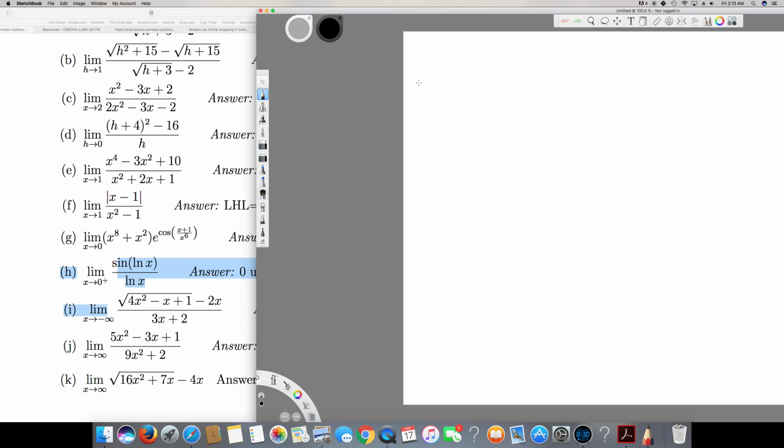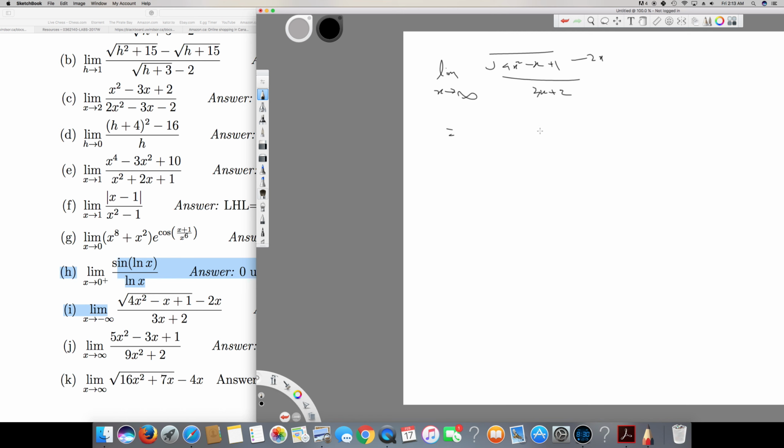And the next question is asking for the limit as x approaches negative infinity of the square root of 4x squared minus x plus 1, minus 2x, over 3x plus 2. In this case, first of all, I have to divide by the highest power.